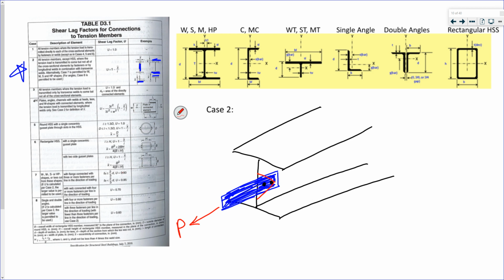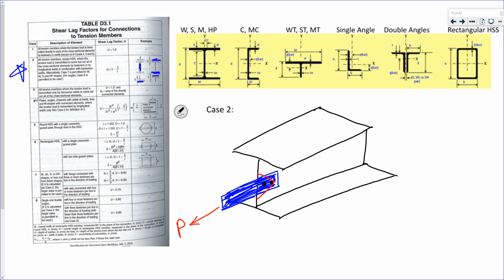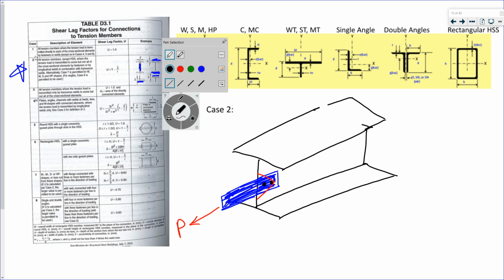If you're talking about the other side, the whole thing might be in, for yielding, you can count on the entire gross cross-sectional area, but where you have this connection, you're not going to have the entire cross-section.